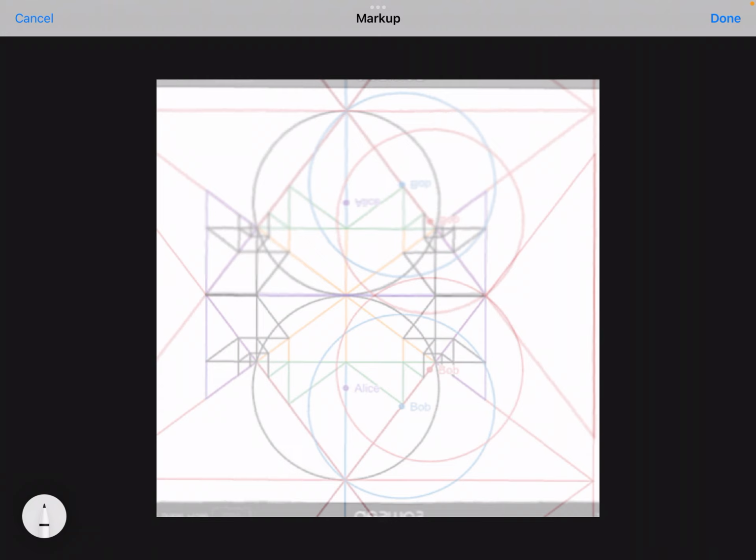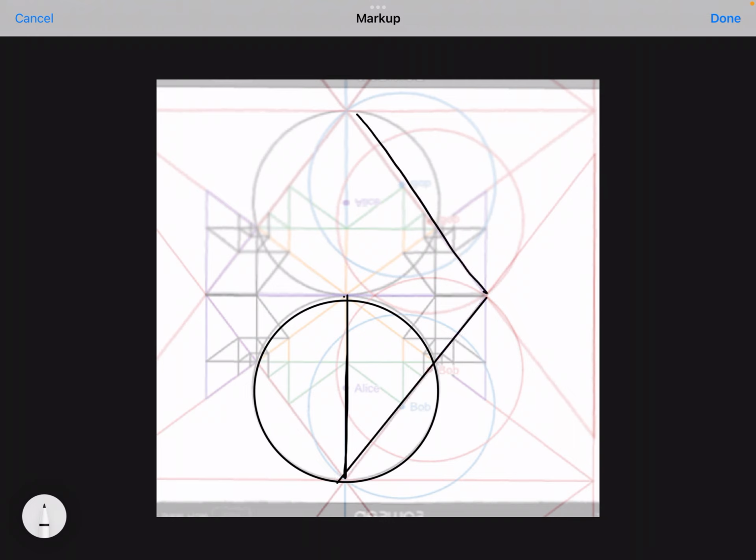So let's say that this is Alice, and he leaves Alice, and then he comes back to Alice. So this is Alice again when he comes back. Okay, but this is not distorted.